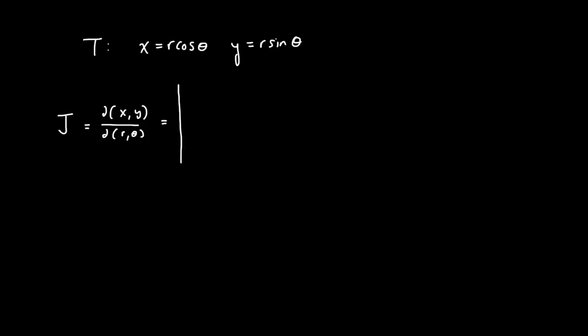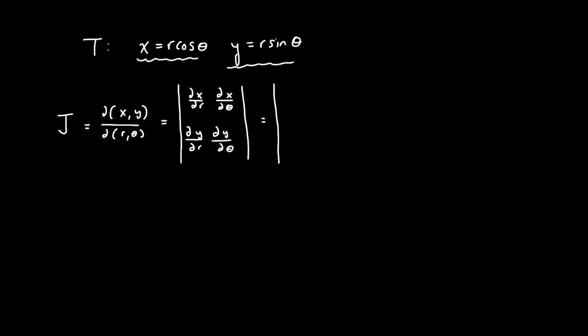This is going to be the determinant of partial x partial r, partial x partial theta along the top, and then partial y partial r, partial y partial theta on the bottom. So let's do those particular operations. This is x and this is y.